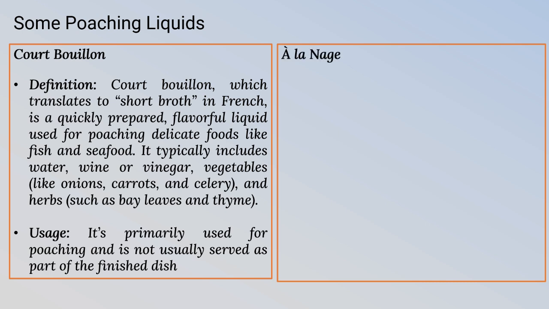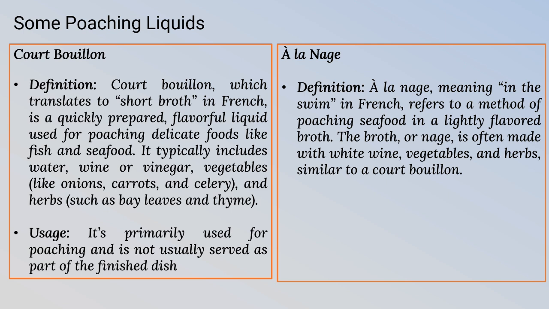Another liquid for you is à la nage. Pronunciation is à la nage. What is that? À la nage, in French, means in the swim. It refers to a method of poaching seafood in a lightly flavored broth.